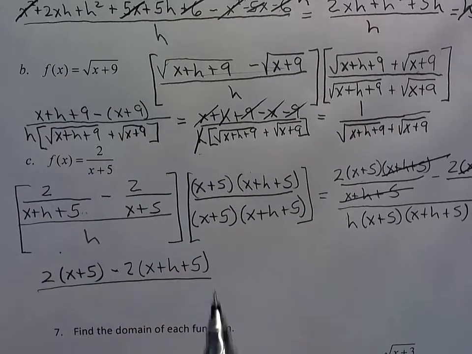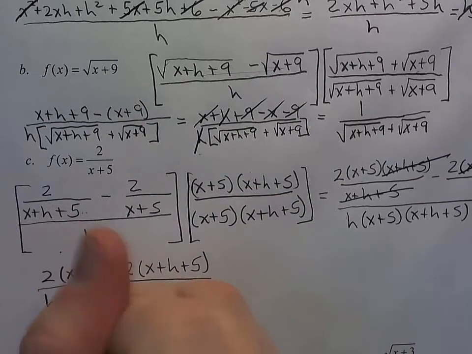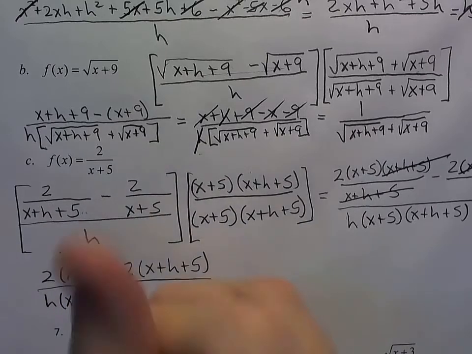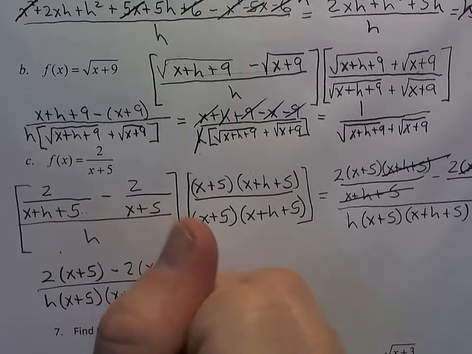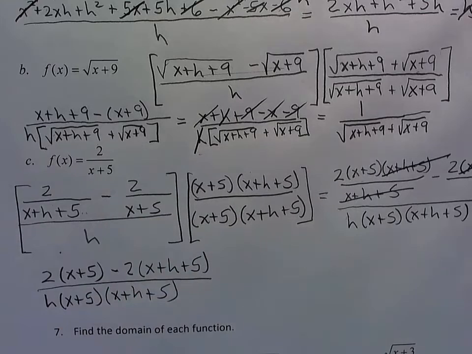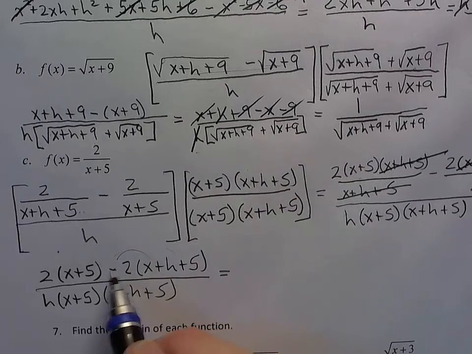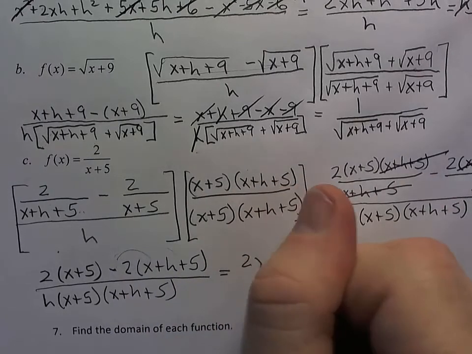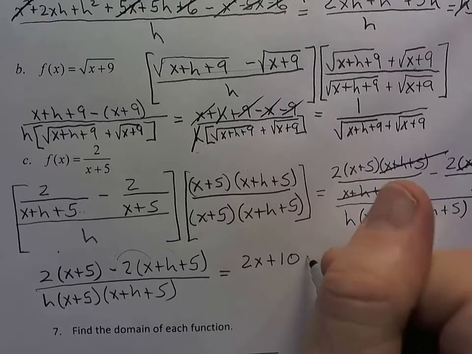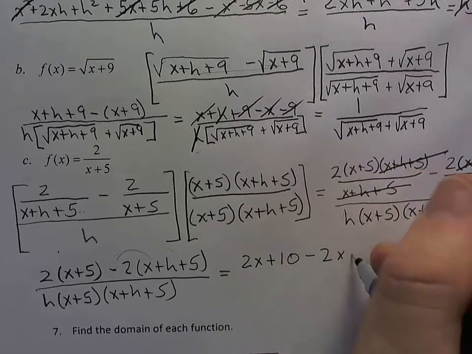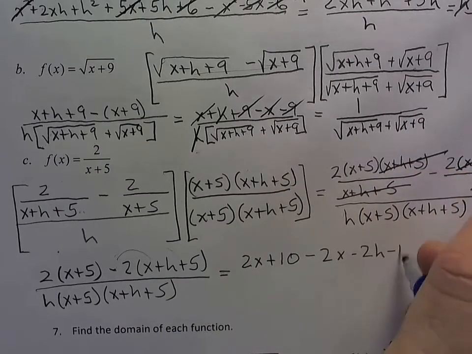And then down here, nothing's changed. Well, now, once we do that, we're on our way. There's nothing can stop us, except little sign problems. Like, you've got to be careful when you're clearing this parentheses to mind the negative out here. So you've got 2x plus 10 minus 2x minus 2h minus 10.